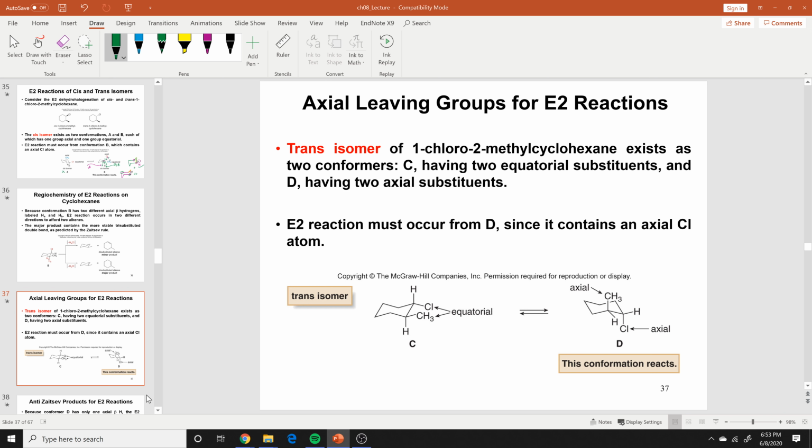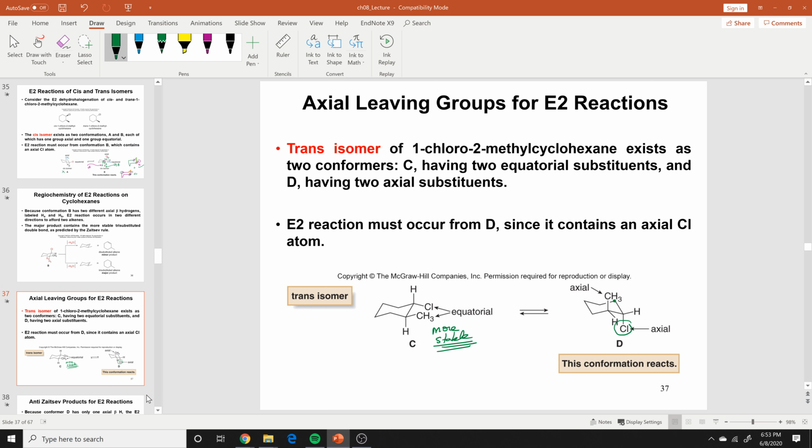Once you get the axial, I know that the equatorial is more stable, but it's not necessarily the one that's going to lead me to my product. The one that leads to the product is the conformer that has the chlorine on the axial position, and I need to find an adjacent beta hydrogen on the axial position.